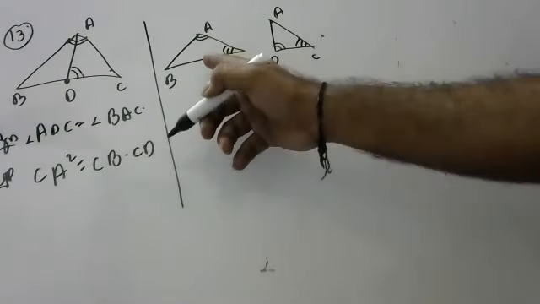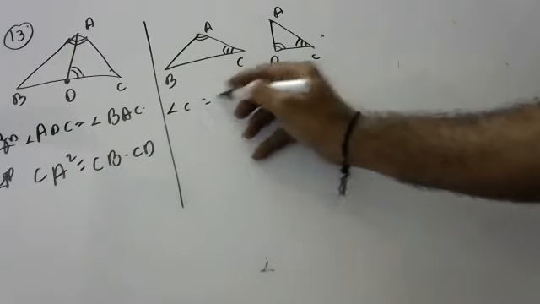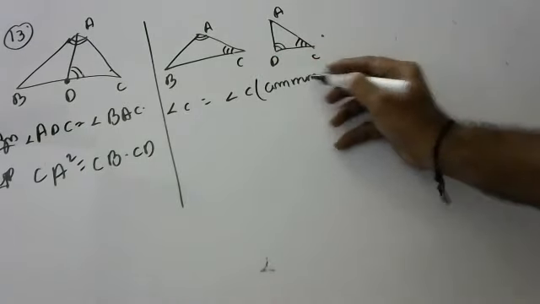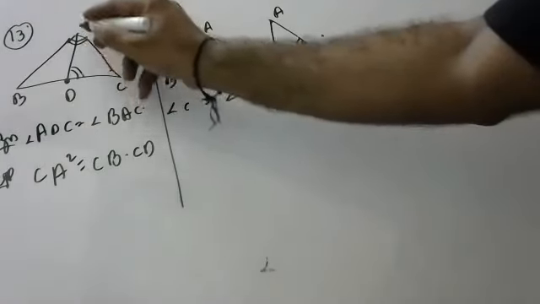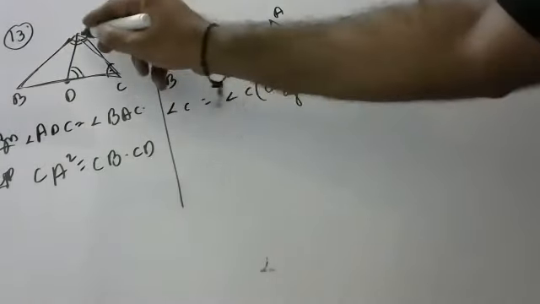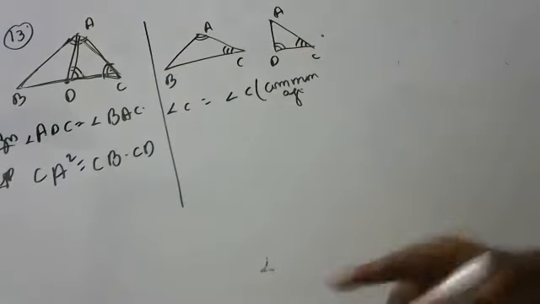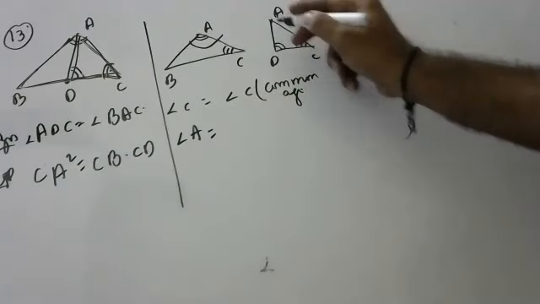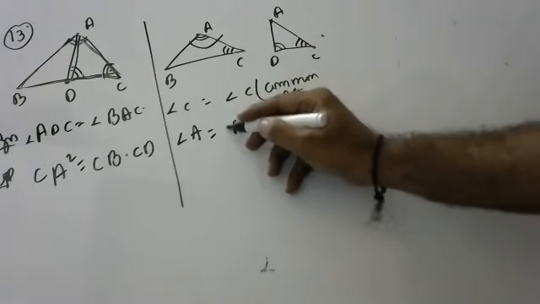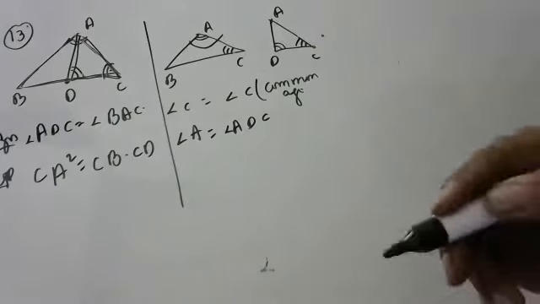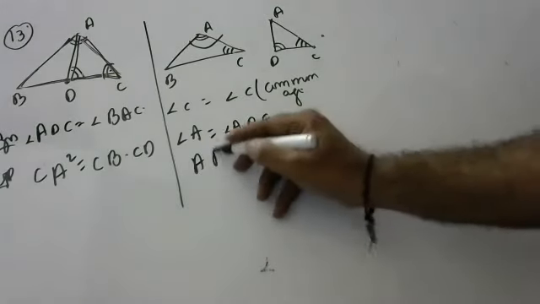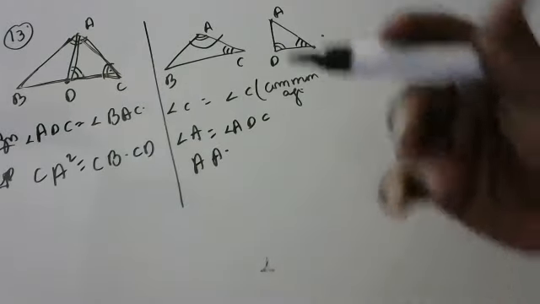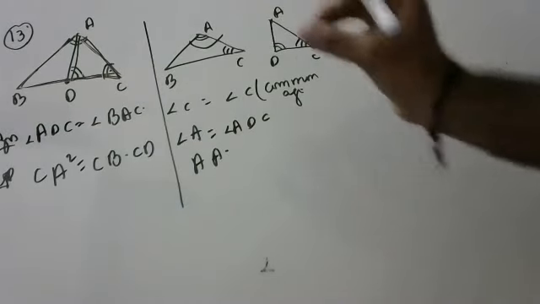So I am showing the proof, children. First, angle C is equal to angle C in this and in this. Why? Common angle. In ABC also angle C is there, in ADC also angle C is there. Now in this triangle, angle A was equal to angle ADC in this triangle. So by AA similarity, can anyone say correctly which triangles are similar?